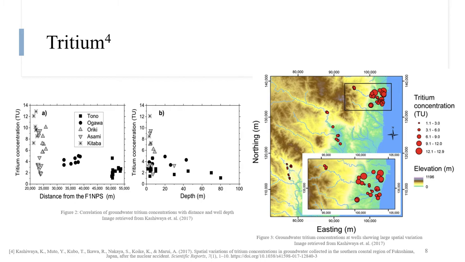The tritium was considered to have been released to the atmosphere as tritiated water vapor and scavenged from the atmosphere as precipitation. So if you look at figure 3 on your right, the closer you are to the facility, which is the boxed-in region on the top right, the higher the concentration of tritium. The farther you move away, the less the concentration of tritium becomes.